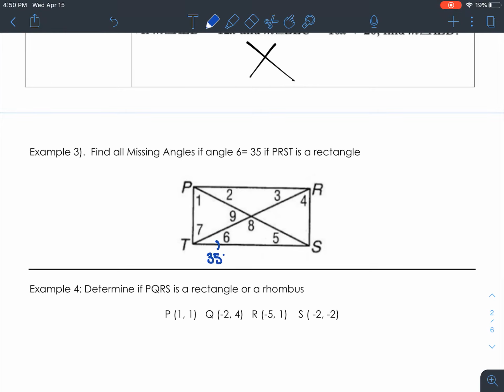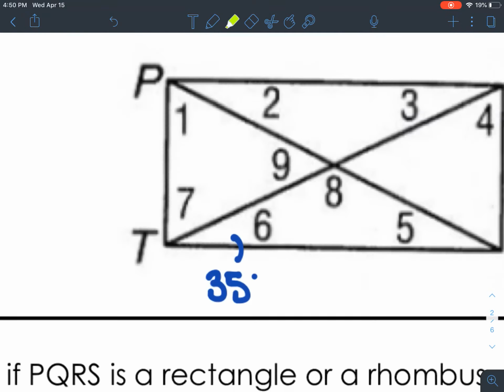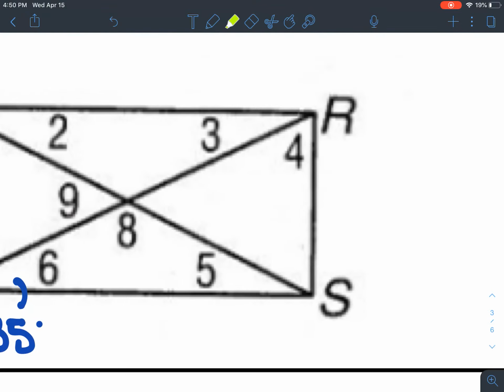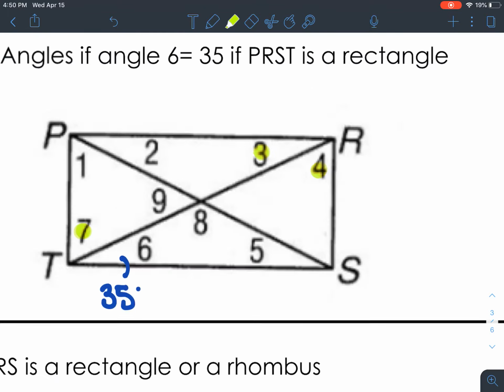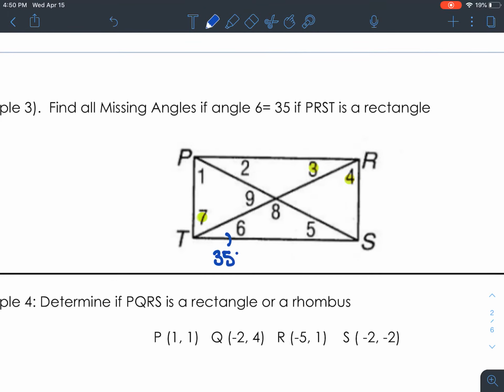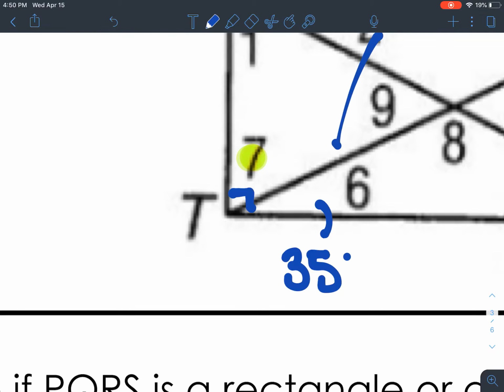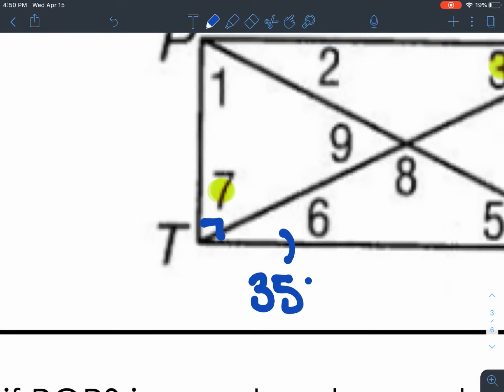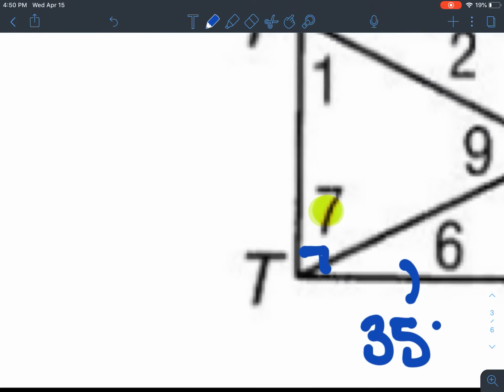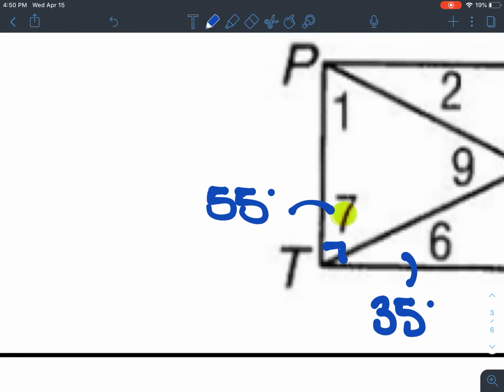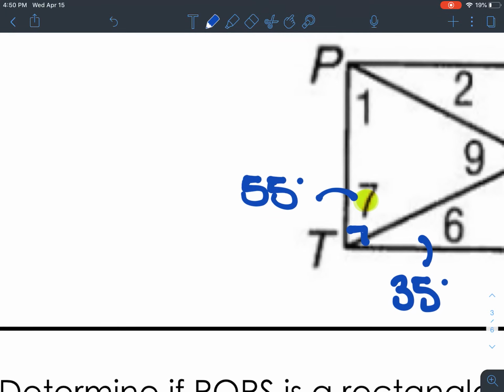I think we should be able to look at right away, without any hesitations, I think we should be able to find 7, 4, and 3, okay? To find 7, remember that it's a rectangle, which means all of these are right angles. So 7 is going to be 55 degrees, because if you add those two together, 35 and 55, you're going to get 90 degrees.